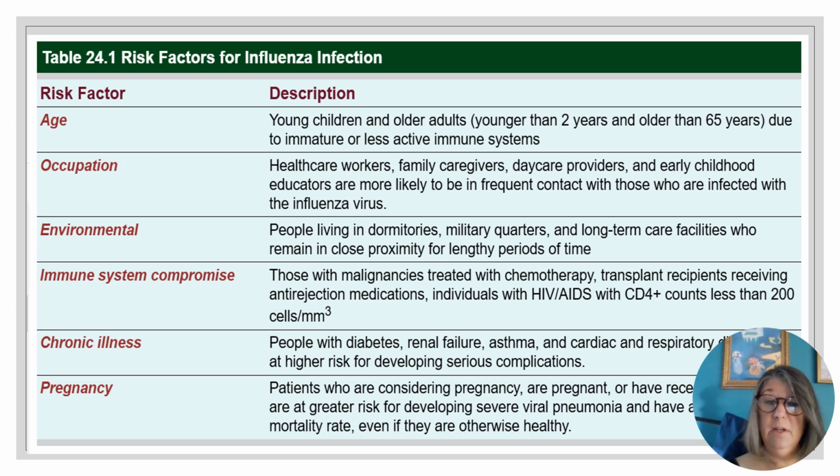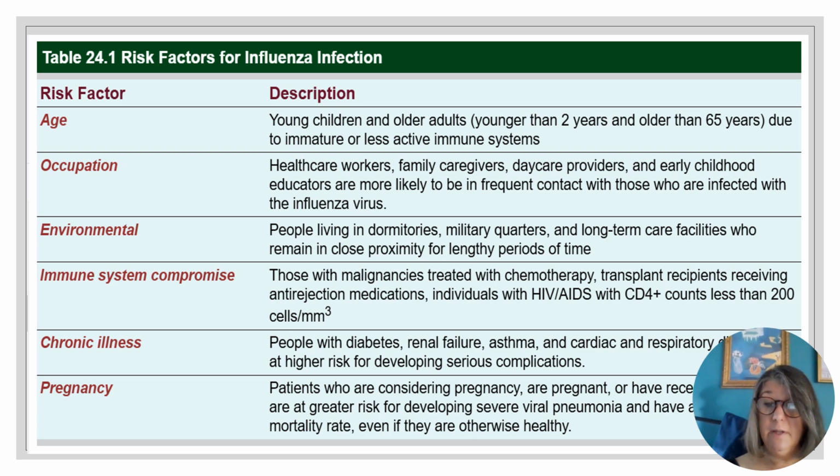This slide 50 is risk factors for flu infection. Flu, like COVID, is young children, older adults. Occupations, guess what? Healthcare workers, because we are exposed to it. And then you get family caregivers, daycare people, right? Anywhere where little kids are going to cough on you, you're going to be at a bigger risk. Immune system compromise, obviously, are people with autoimmune disorders, HIV, anybody on chemo, transplant recipients.